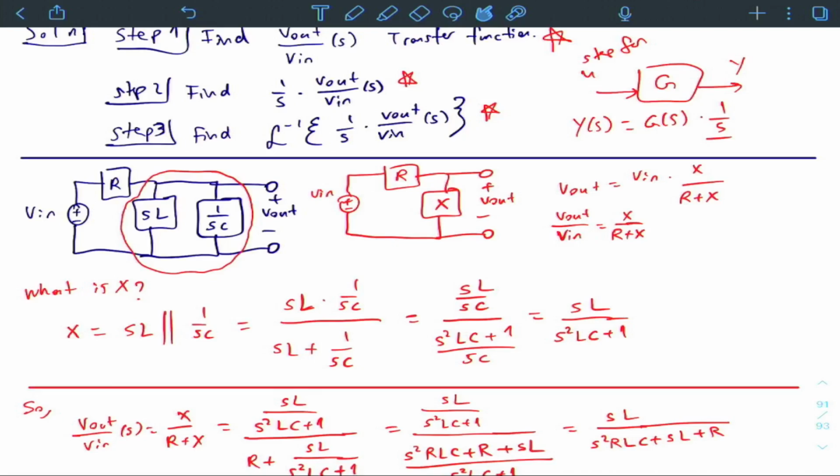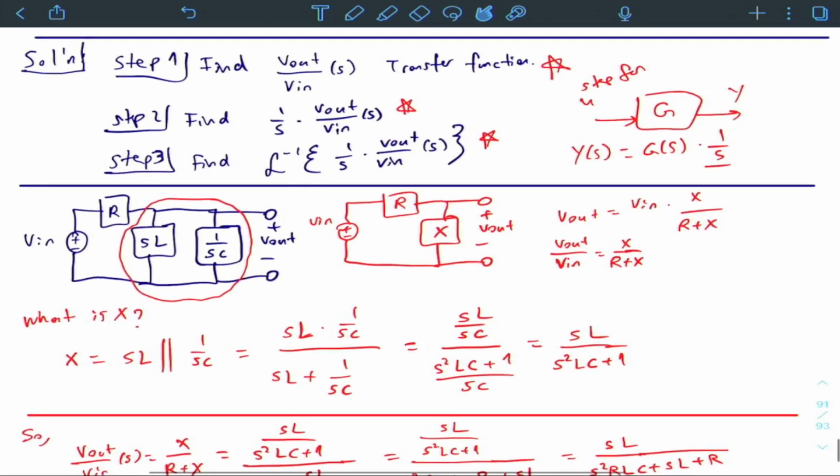So the first step is finding the transfer function, and here we can see there is a parallel connection, and let's call it X, okay? X is given by this term, and here this symbol indicates that L and C are connected in parallel.